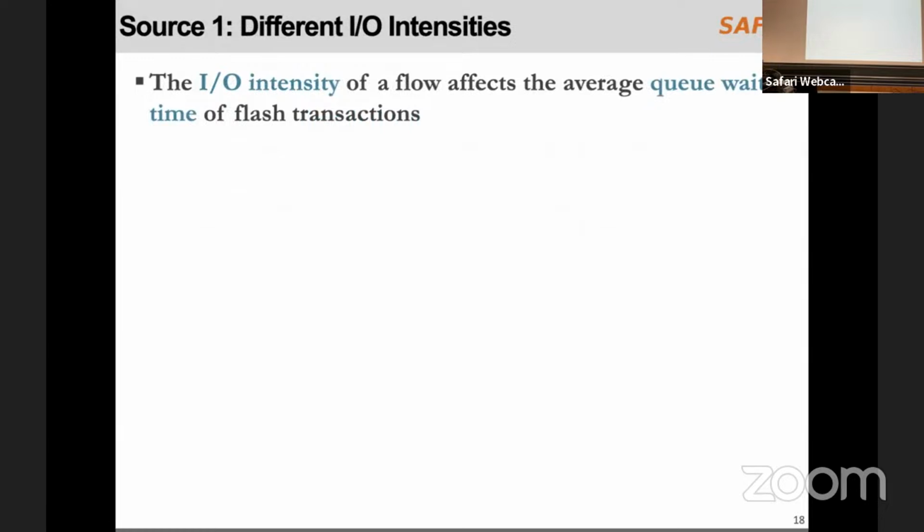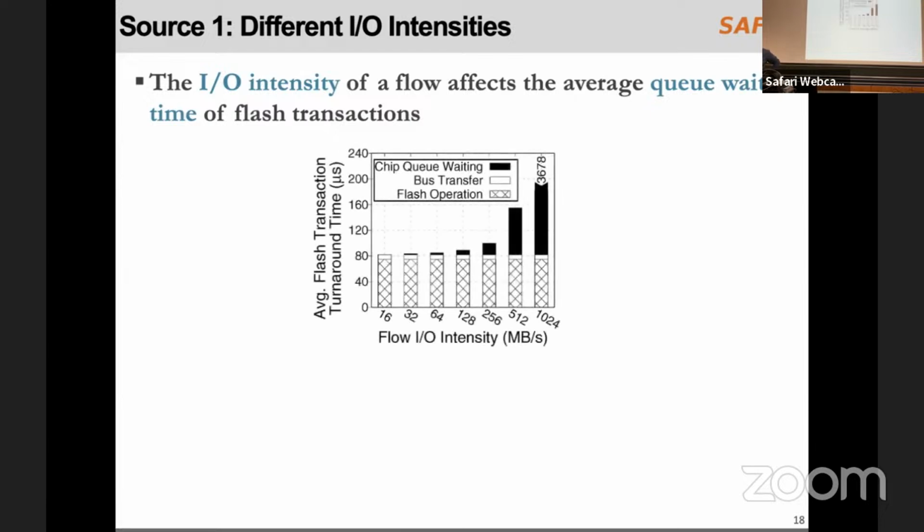One of the sources is IO intensity. We show that the IO intensity of a flow affects the average queue wait time of flash transactions. For that, we again use a real system, and we increase the IO intensity of a flow from 16 megabytes per second to around 1,000 megabytes per second.